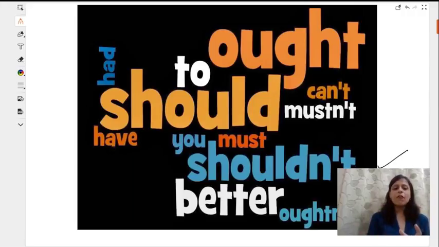These are the most common words, and we make a number of mistakes as far as this topic is concerned. So today, right here, in this class, I'm going to break all the myths that most of you have about modals, and I'm going to make sure that nobody goes out of the class without clearing their doubts, right? So guys, let's get started.